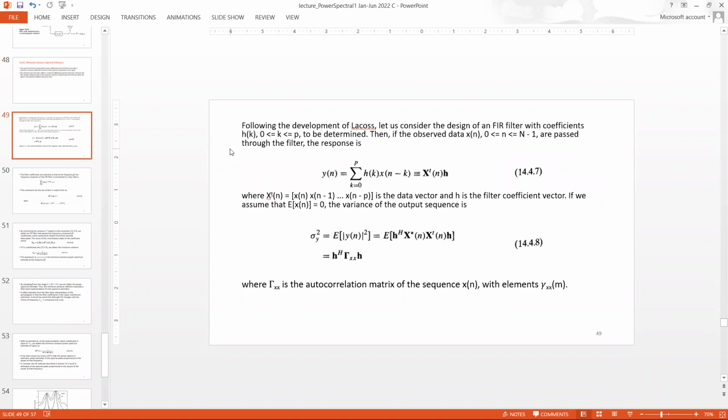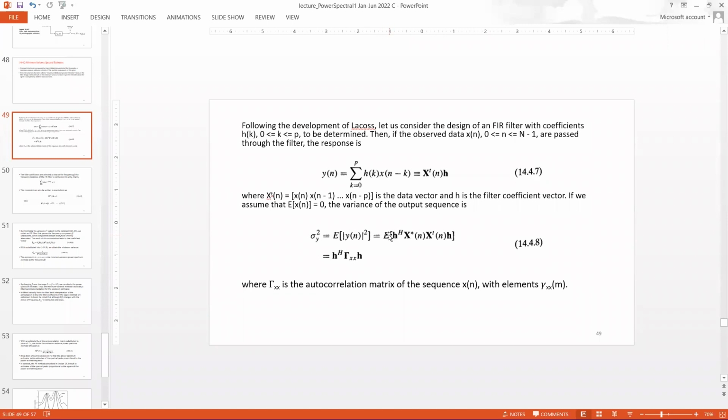So the condition we can derive is yn equal to xn with hk. We can write this this way. Then from 7, if we transpose, taking xp transpose, then sigma square y can be written in this way, and finally it can be this.